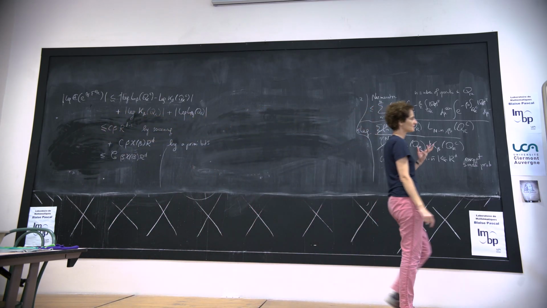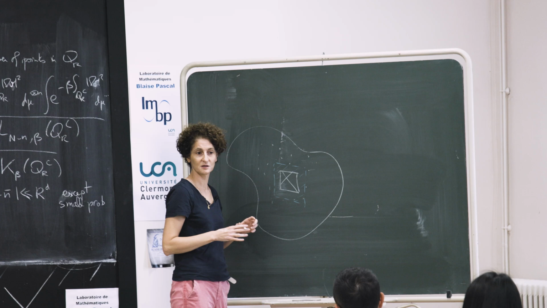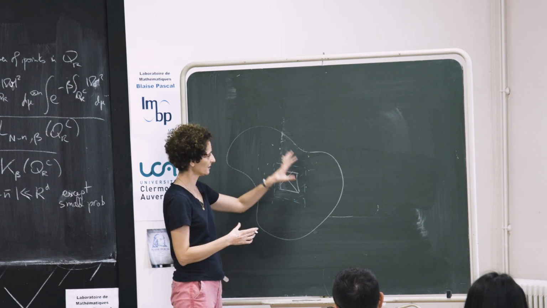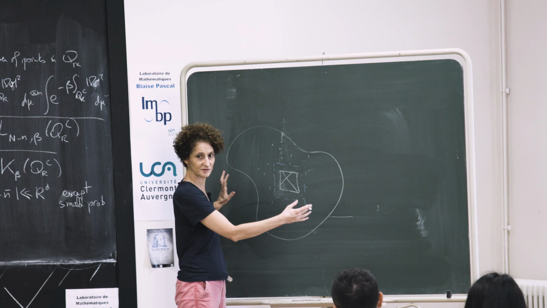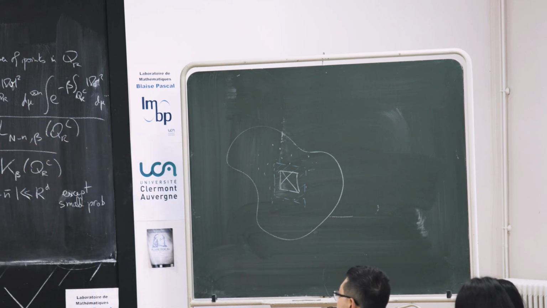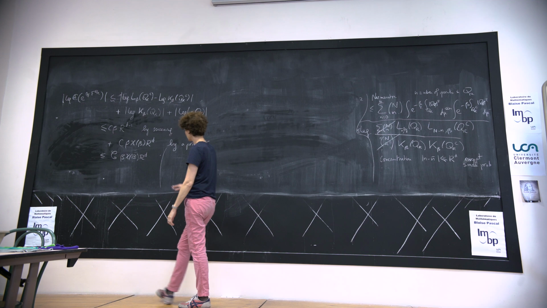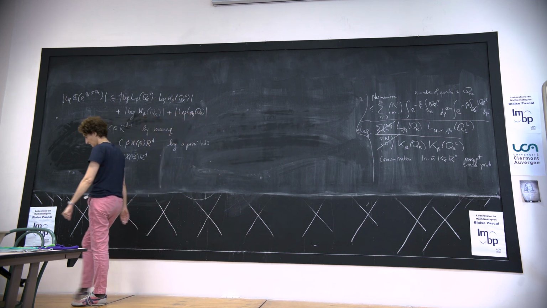So basically what screening does for you is that it allows you to do a sort of surgery where you can decouple the inside from the outside. And so you can compare the energy to the energy of things that are screened here and screened outside. And thanks to that, you deduce these local laws.